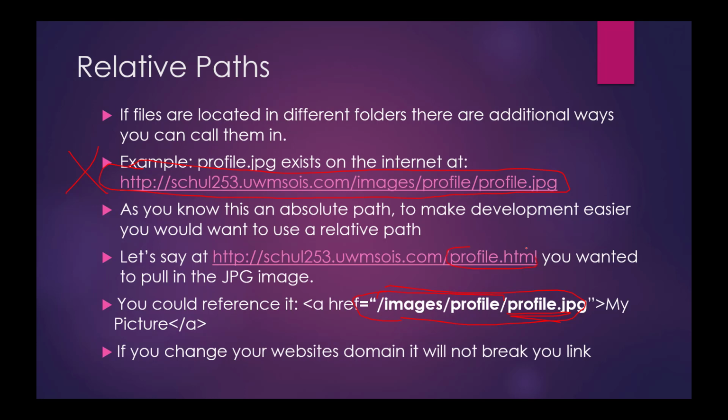So it's a way for you to take whatever current file you're working with and relatively find other items. You're allowed to use either absolute or relative paths on your assignments. I don't actually care, as long as they work. Keep in mind, relative paths are going to make things cleaner, easier to transport, and they're just better practice.